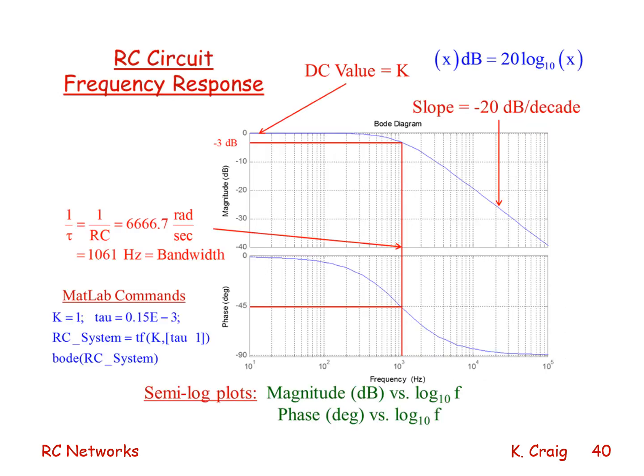Let's talk about frequency response. For a linear system, if I input a sine wave at some frequency, the output will be a sine wave. Same frequency, has to be. Different amplitude, where the amplitude depends on frequency, and a phase angle, where the phase angle depends on frequency.